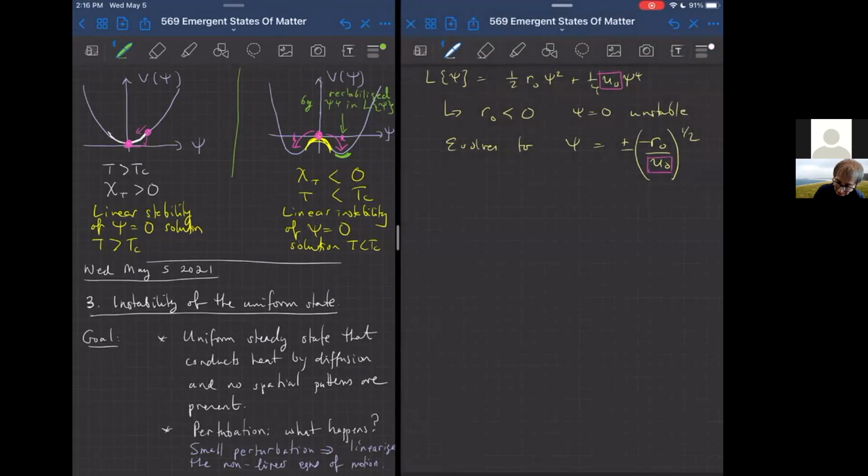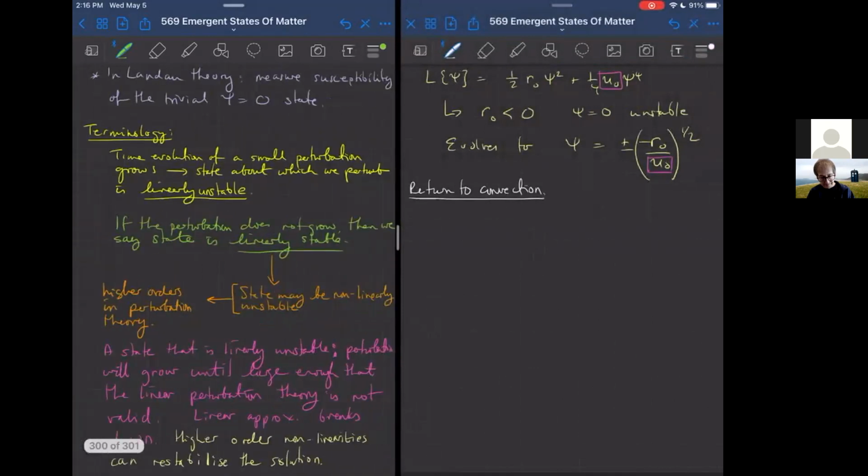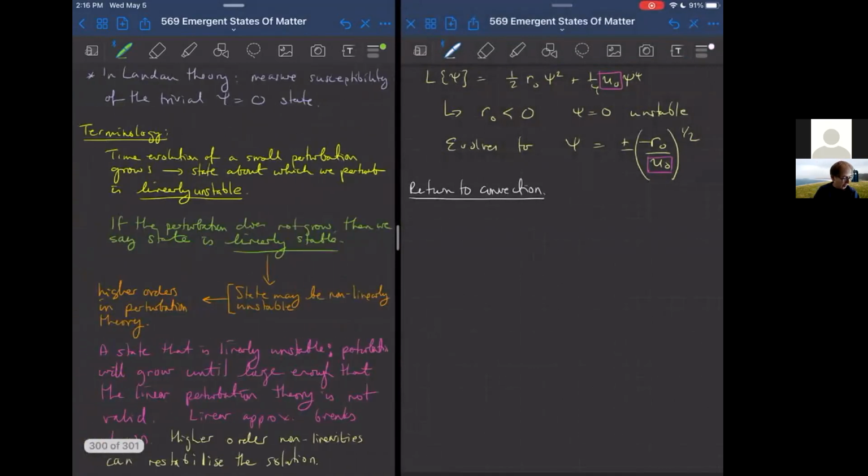So now let's return to the convection example. Let's leave that up there. What we're going to do is say that the temperature field is now equal to the equilibrium T naught of z, which we saw as a linearly varying temperature, plus a perturbation, which I will write as T1. The density is rho naught of z plus a perturbation rho 1.